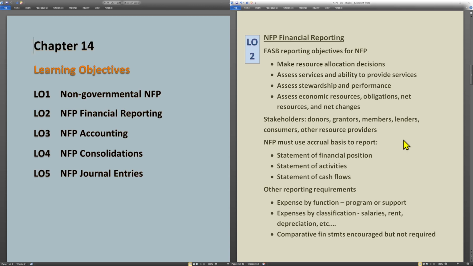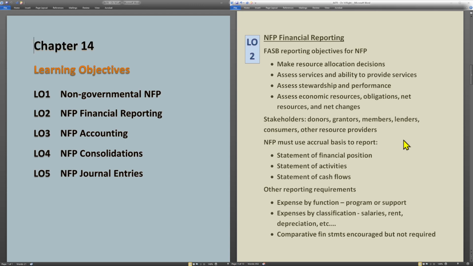The ability to raise the funds so that you can actually apply them to the program is part of support of the organization. Secondly, we would look at the expenses by classification, just our normal expenses that we would look at from a for-profit point of view. They'd be salaries, rent, depreciation, all those sorts of things.